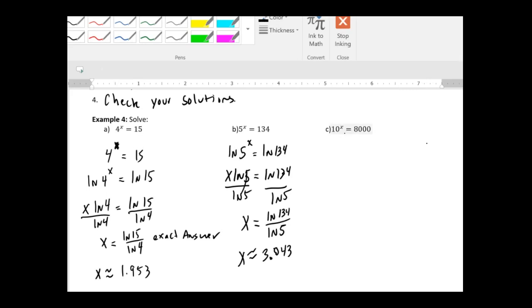Okay, the last one here. I can take the natural log again, or you can take the log. Either way would be fine. So I'm going to bring my x to the front. Divide by natural log of 10.